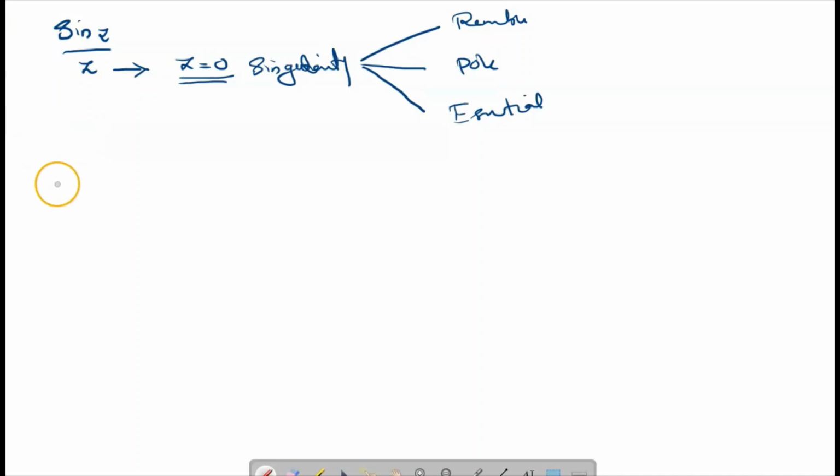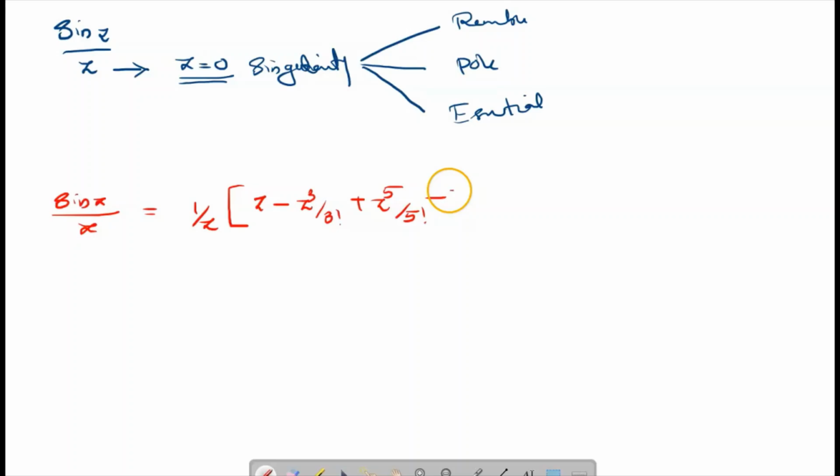So here I use the Laurent series expansion of this function sin z divided by z. We have the expansion of sin z as z minus z cube by 3 factorial plus z raised to 5 by 5 factorial minus z raised to 7 by 7 factorial, etc. Multiply by 1 by z throughout.